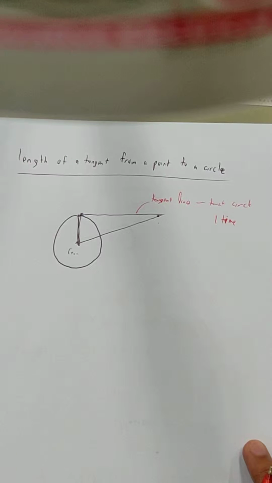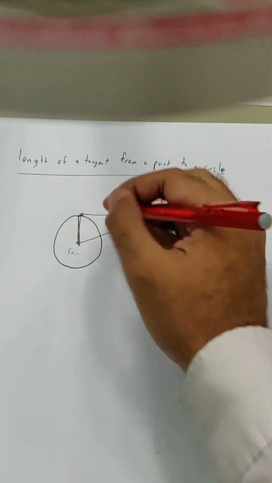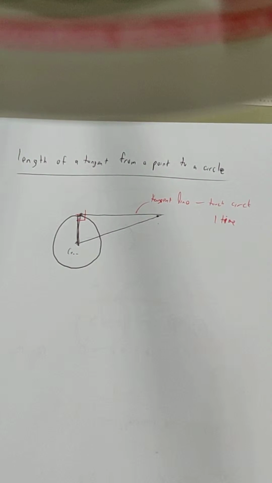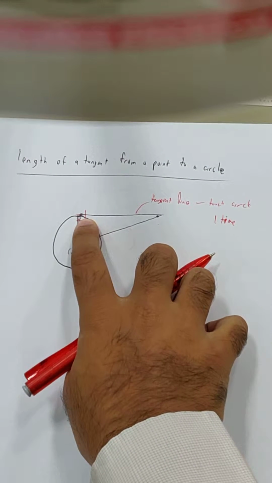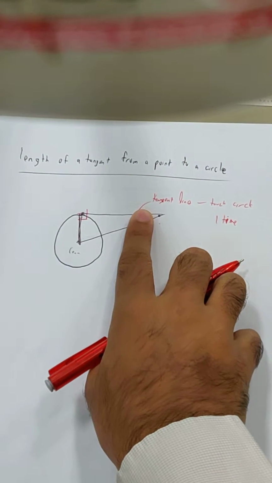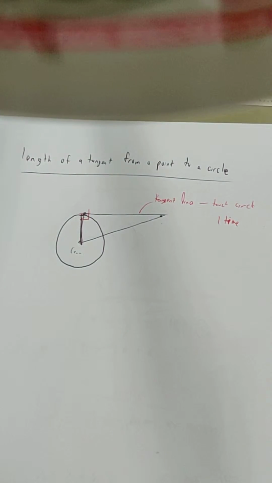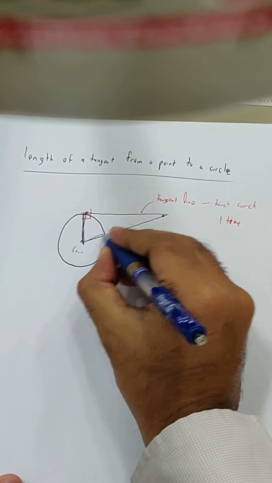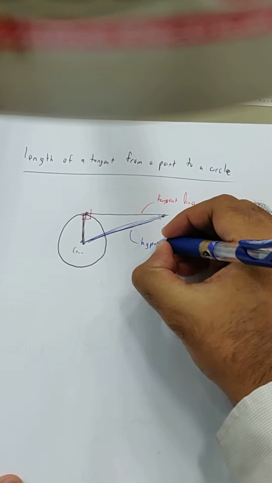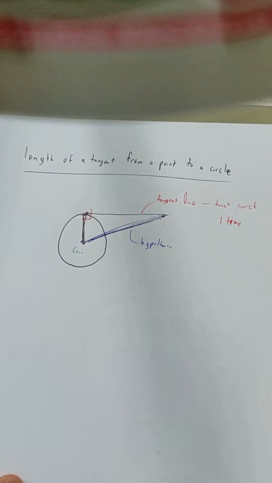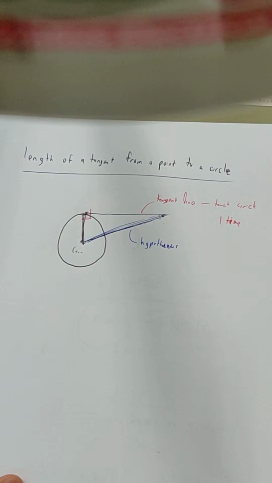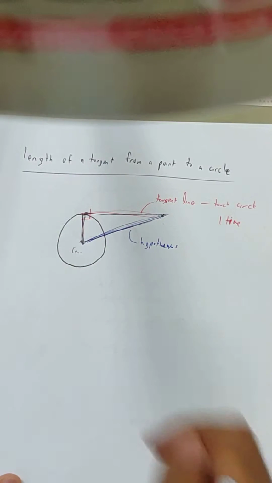Where is the 90 degrees? This tangent here is 90 degrees to here. So if this is 90, then it cannot be your hypotenuse. Understand that? Hypotenuse is over here. This is your tangent line. The tangent line is not the hypotenuse.